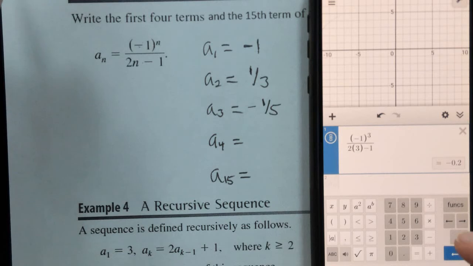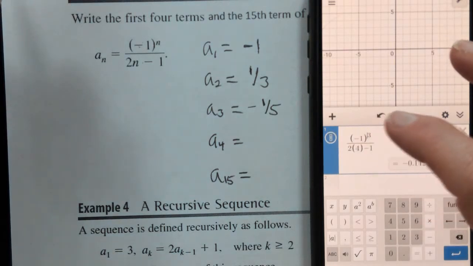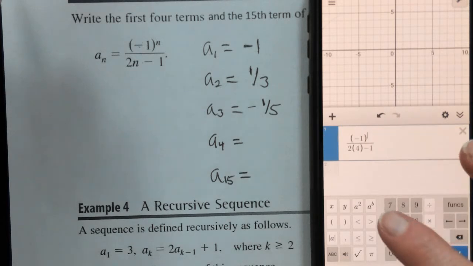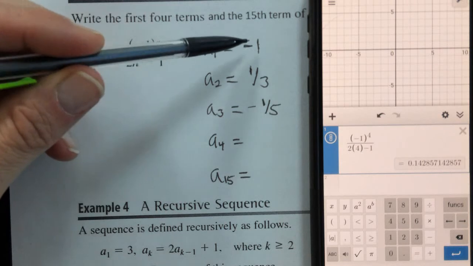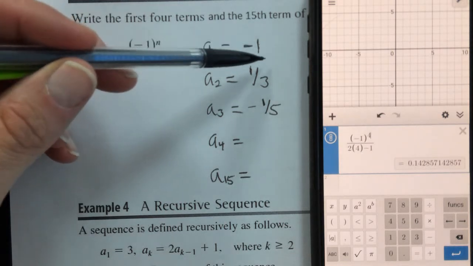Let's change it now to 4. 4 goes here. Change that 3 to a 4. All right. Now, this one may not quite be so obvious as to what the decimal equivalent is, but hopefully by now you're kind of seeing a pattern. So this is negative 1 over 1.